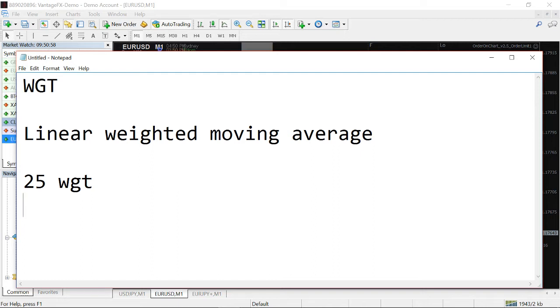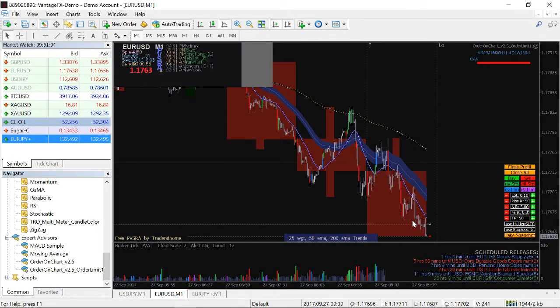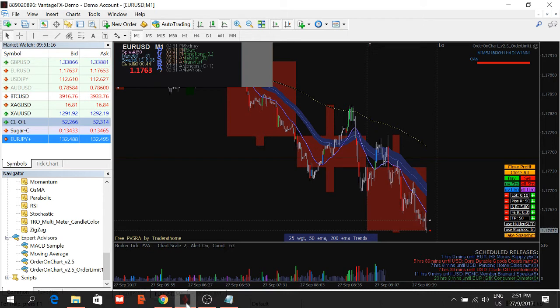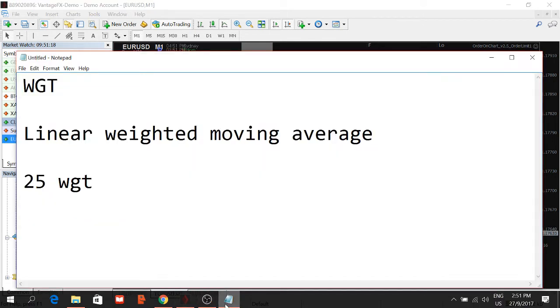So what do I mean by that? The 25 gets the last 25 bars, or candles. So it gets the last 25 candles. For example, this last candle here is going to be multiplied by this value.